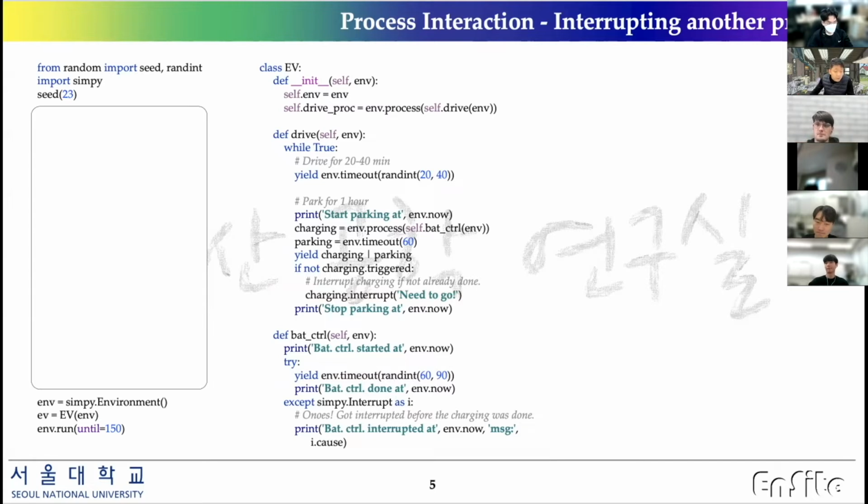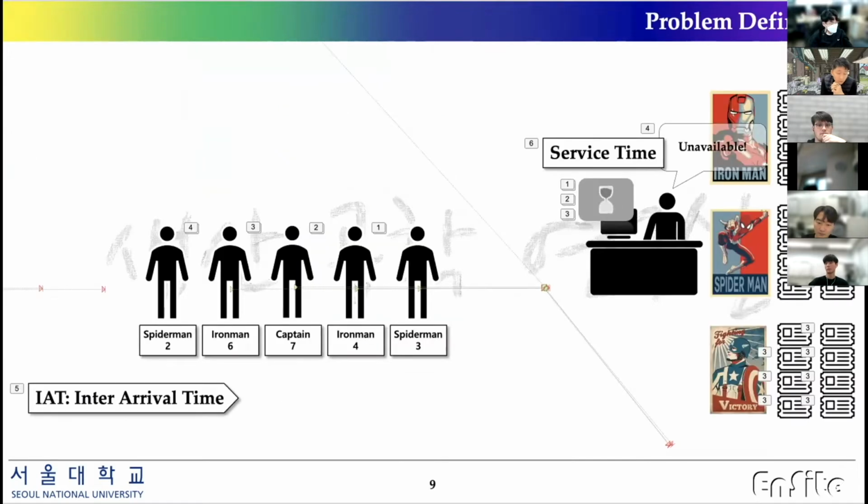Now let's see today's example, that is movie renege. And this example is a little bit complex compared to the previous ones. Now, the summary of this problem is like this. This example makes a model of a movie theater with only one ticket counter, selling tickets for three different kinds of movies.